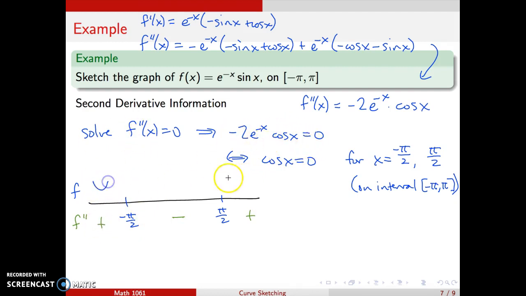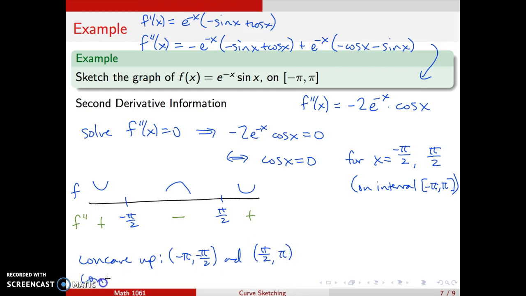So out here the function's concave up, concave down, concave up. And we have inflection points at negative pi over 2 and pi over 2.